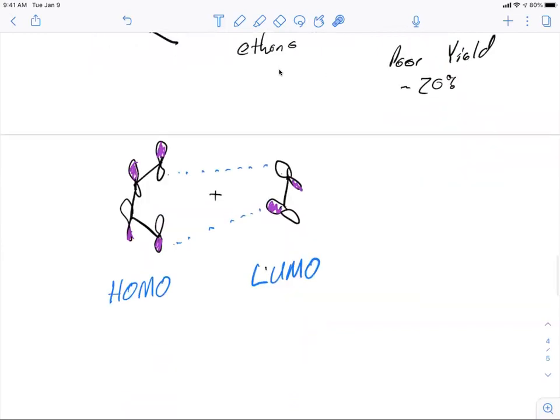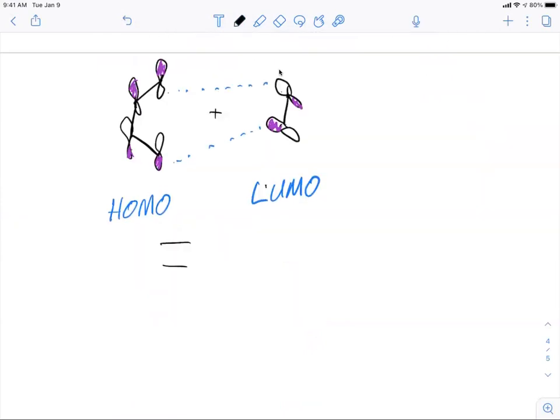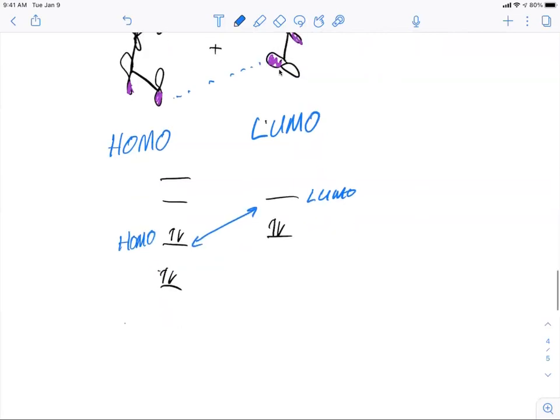But to get these to react, if we think about our energy diagram and our pi system, we are going to need to interact these two. Those two are the ones we want to interact, this LUMO and this HOMO. If we can bring those into closer proximity, closer energy levels, then this is going to react faster. The way we do that is we try to find electron-rich HOMOs.